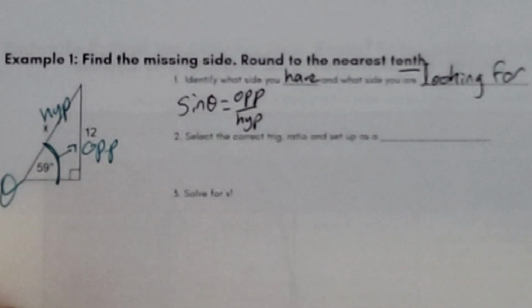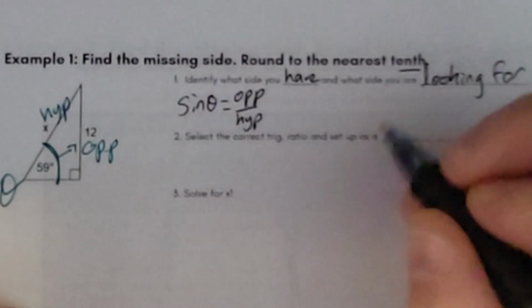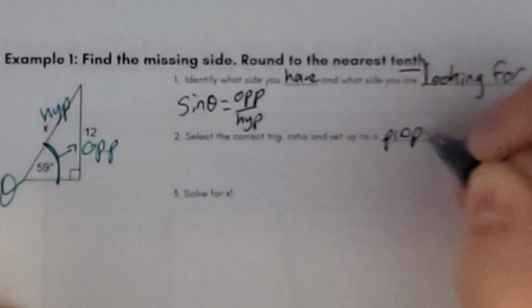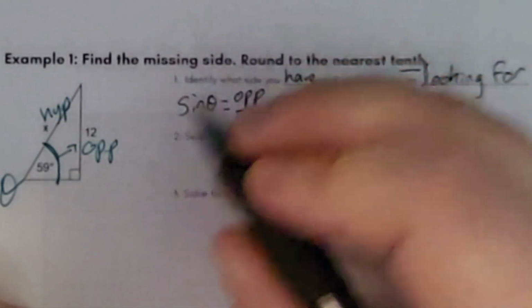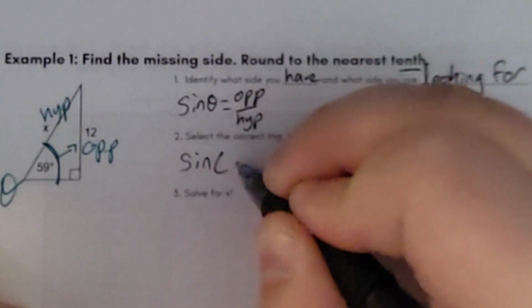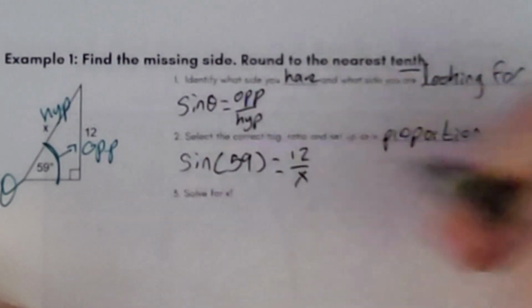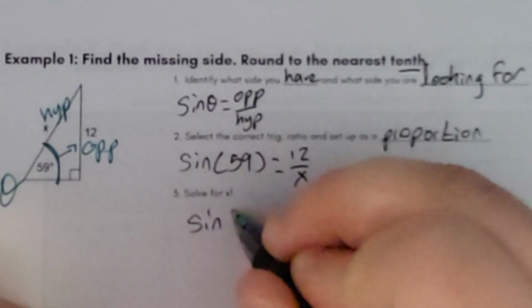Once we know what trig function we're going to use, we're going to set it up as a proportion. So sine of 59 degrees equals 12 over x. And then we just solve that.